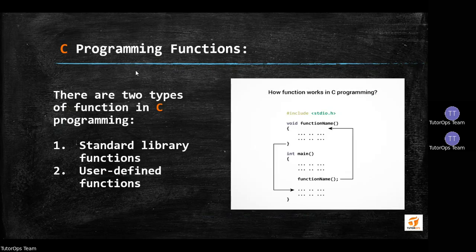We are not changing the execution or the meaning of the function. It's a standard function which the compiler provides us to build our own program. That is called a standard library function.